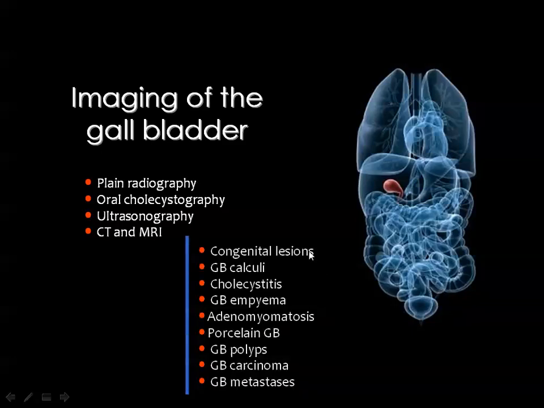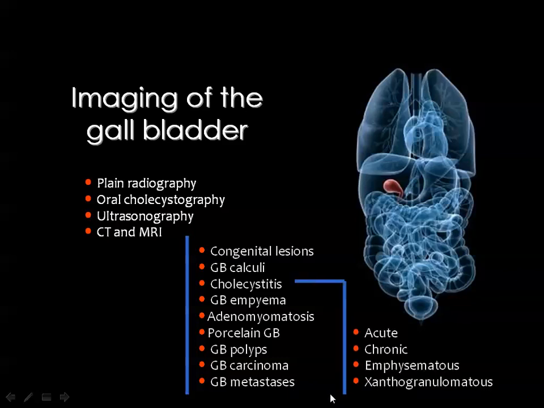These are the lesions which will be discussed, including congenital pathology, gallbladder stones, cholecystitis, gallbladder emphysema, adenomyomatosis, porcelain gallbladder, gallbladder polyps and carcinoma and metastasis. In cholecystitis we have the acute type, the chronic type, the emphysematous cholecystitis, and the xanthogranulomatous cholecystitis.